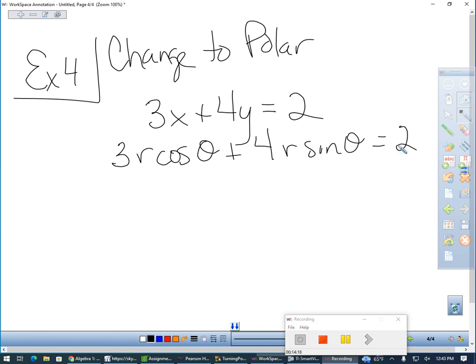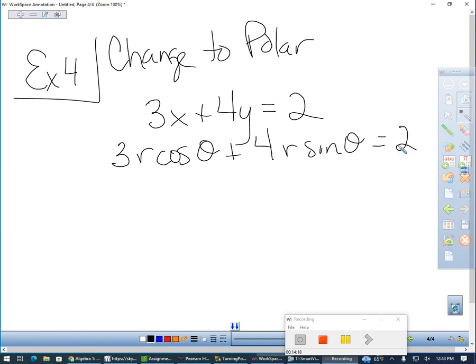We're going to leave it right there. That's where I want to stop. So you can see we've changed out, we have no x's and y's. That's our main goal. We don't want any x's and y's left. Once I get rid of my x's and y's and I'm in polar, we can stop.